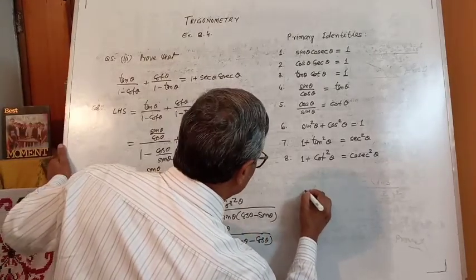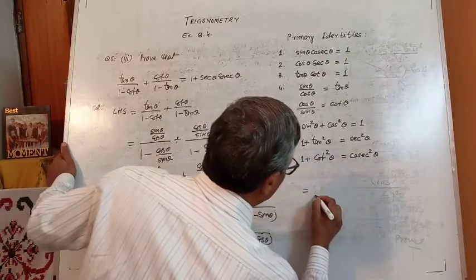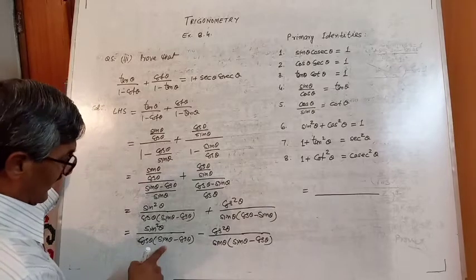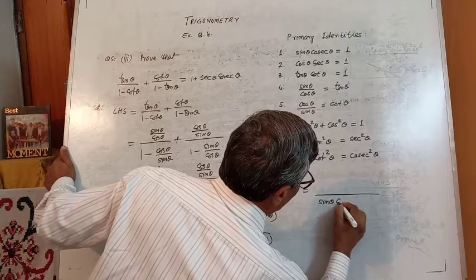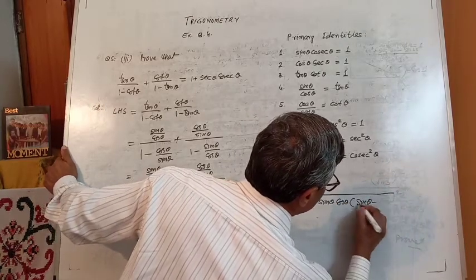Here I am going to write, first write LCM: sin theta cos theta and sin theta minus cos theta in the bracket.